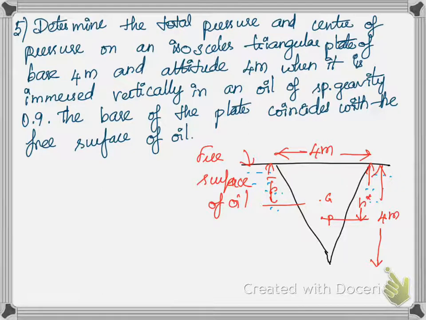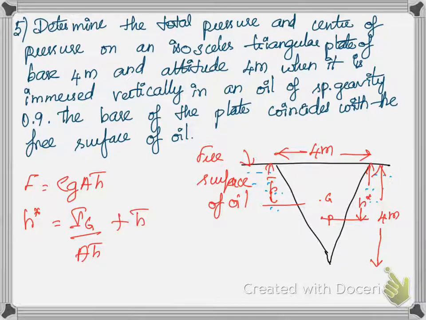Now we are asked to determine the total pressure and center of pressure, which is F, and the formula for F is rho G A H bar, and we are asked to determine the center of pressure, that is H star. H star is nothing but Ig by A H bar plus H bar. So we have to determine these two things.